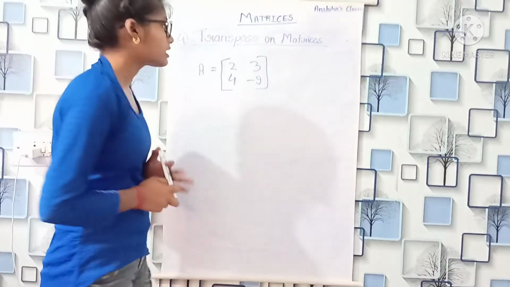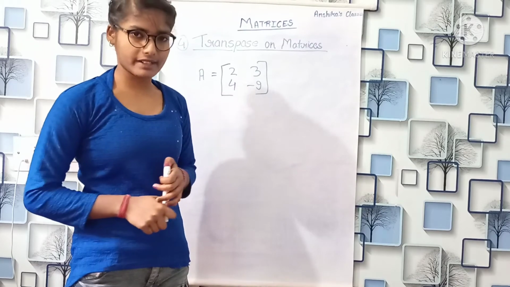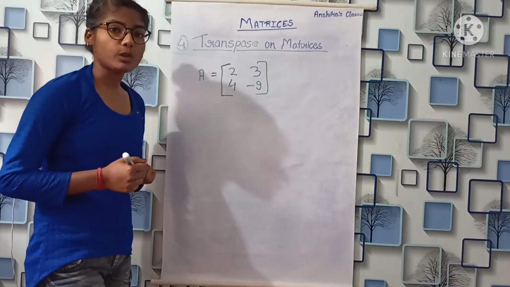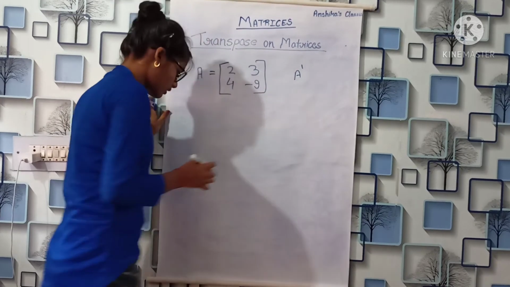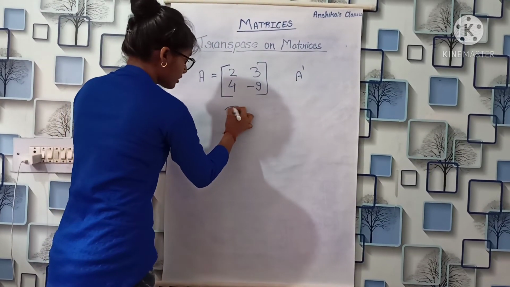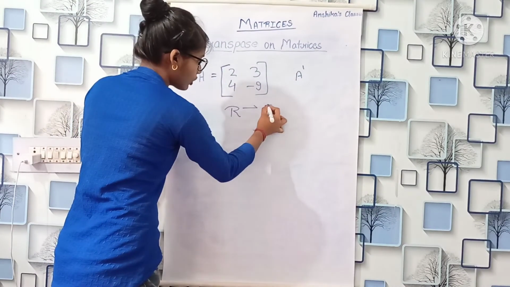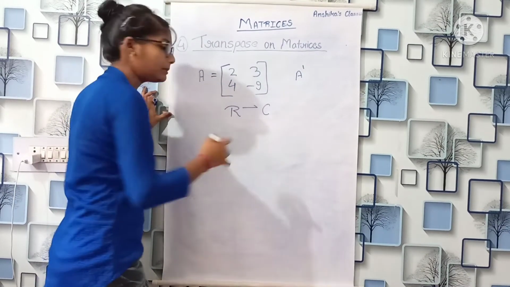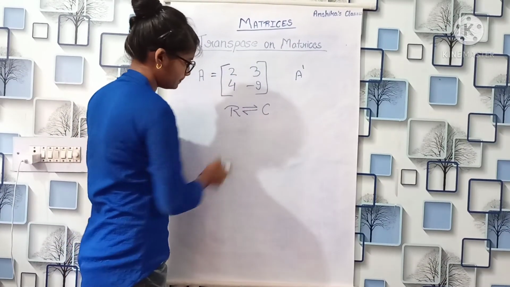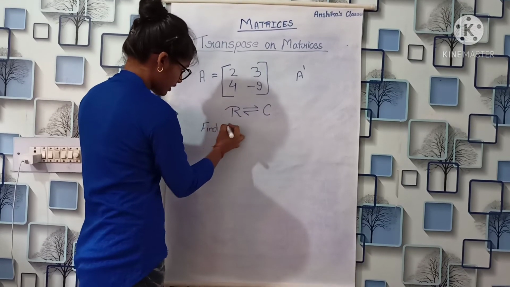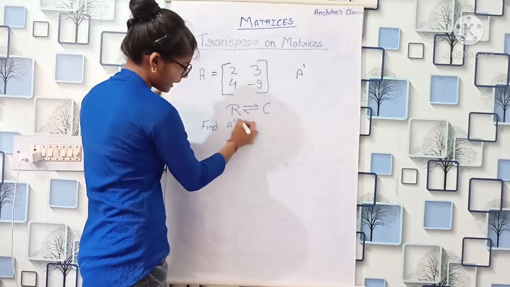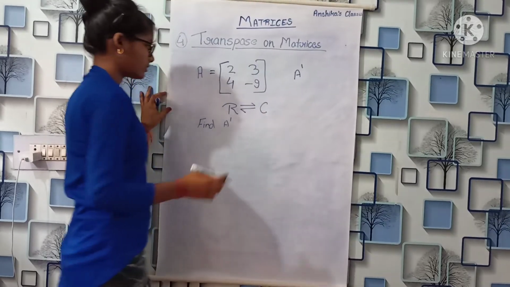So now let's talk about transpose of matrices. Transpose is represented by a dash, and in this case rows are converted into columns and columns are converted into rows. So find A dash.